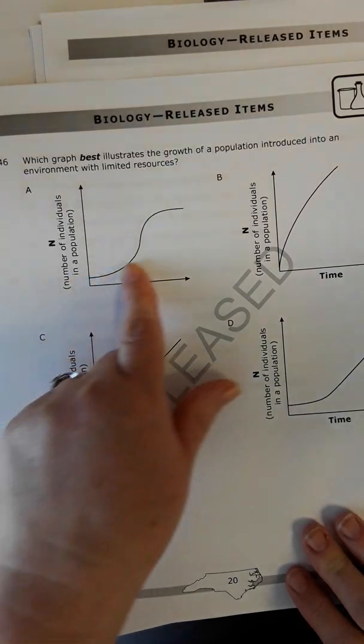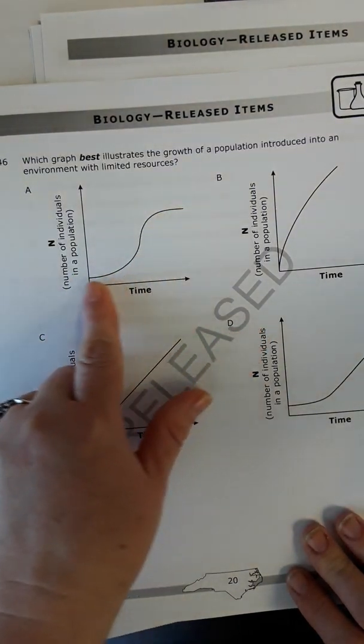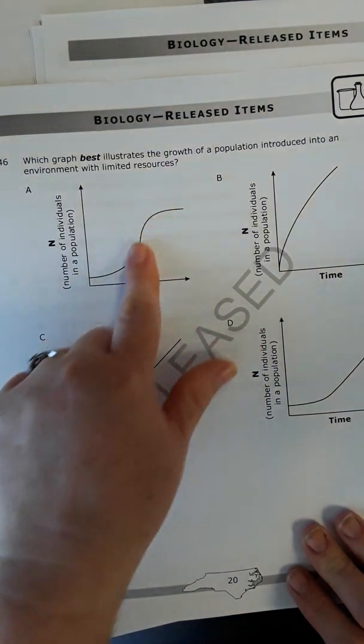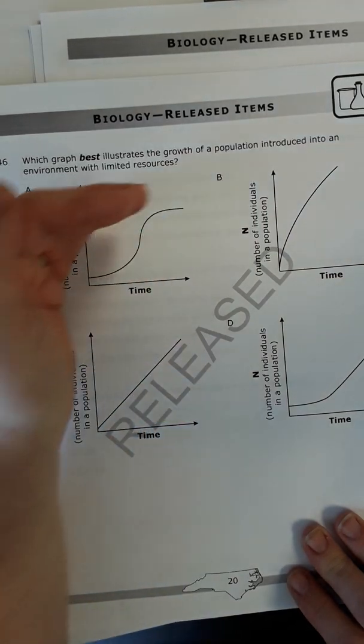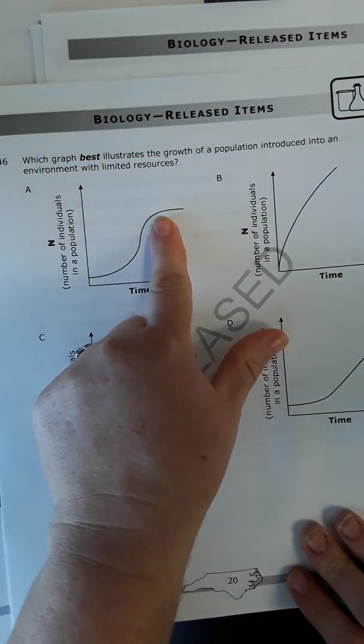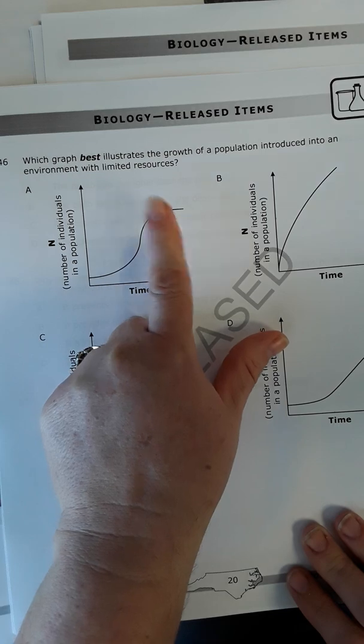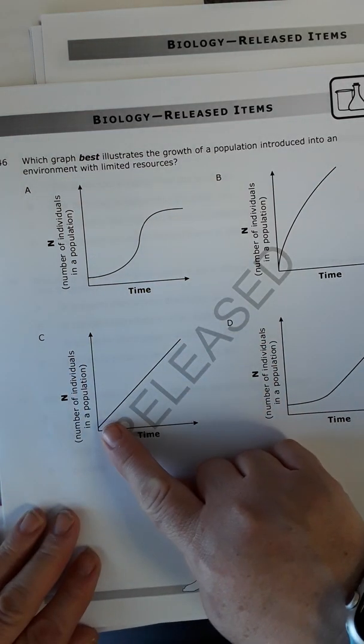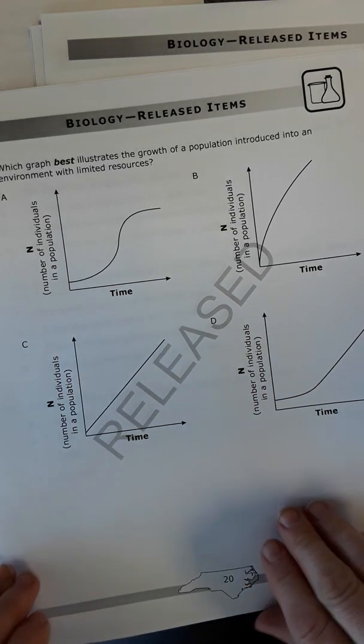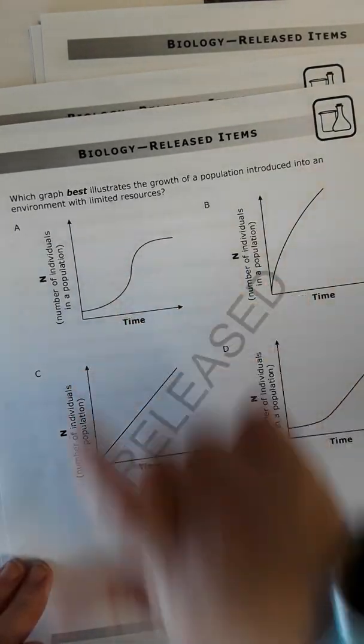So this S curve, remember S, they stop at a certain point. It maxes out its carrying capacity right here, where it cannot hold anymore. This would be exponential growth, like the human population. So your answer is A.